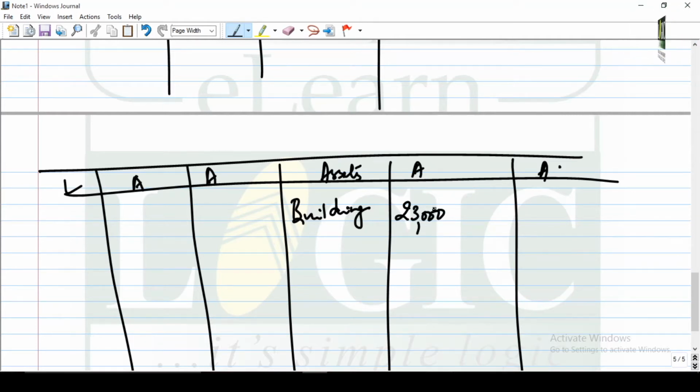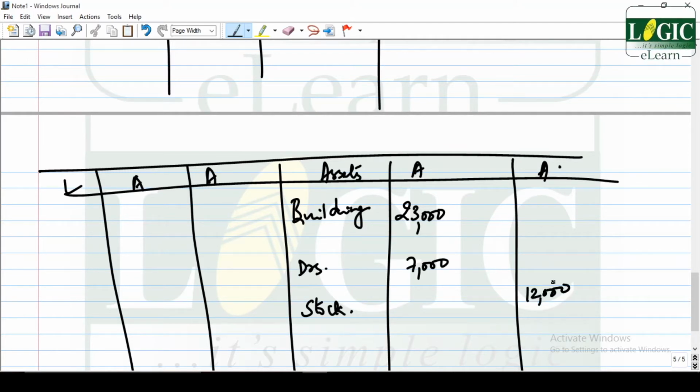Let it remain like that there. Now debtors is having adjustment, so I am putting it in the inner column. How much? 7,000. Then stock is not having any adjustment, so I am putting it in the outer column. Then patents, no adjustments, so I am putting it in the outer column.